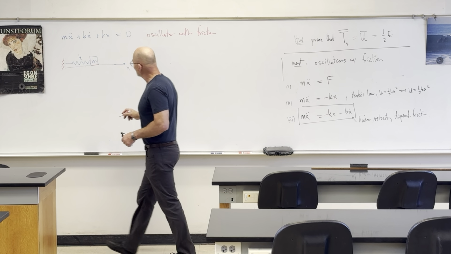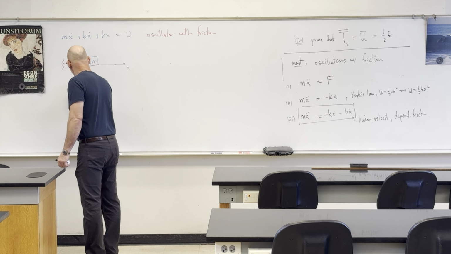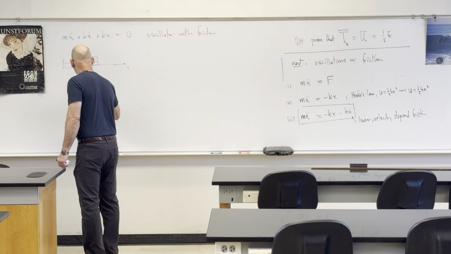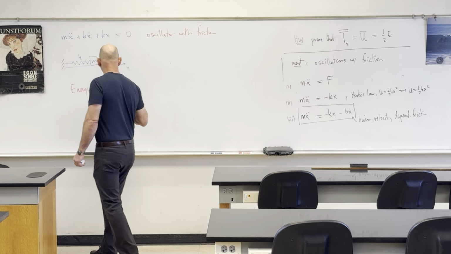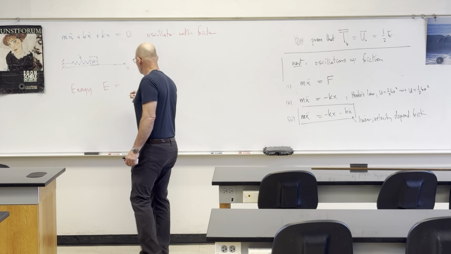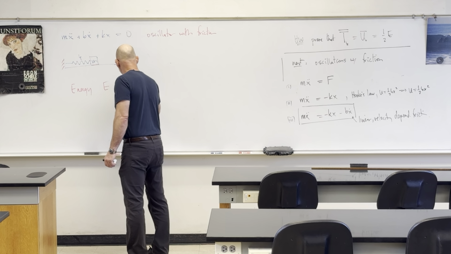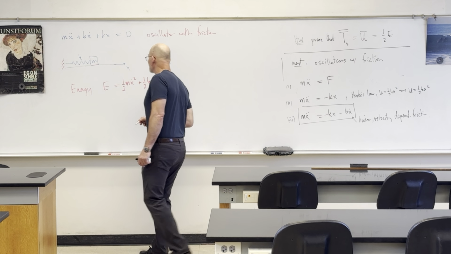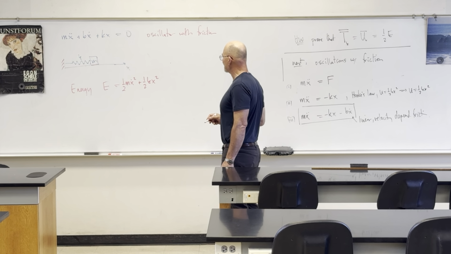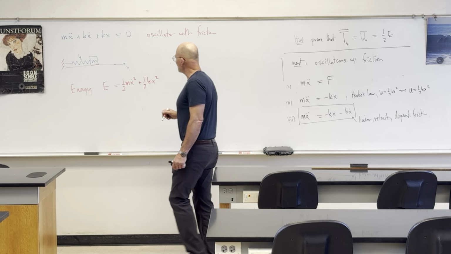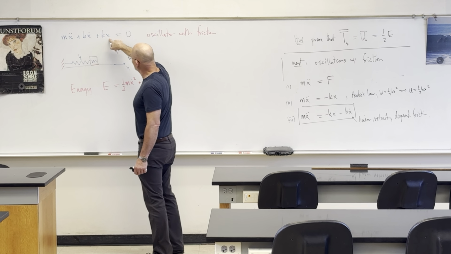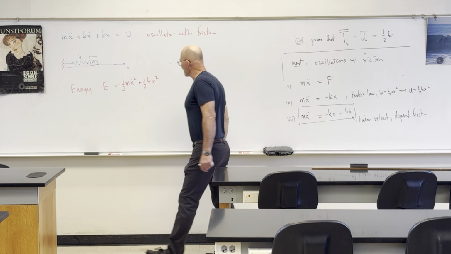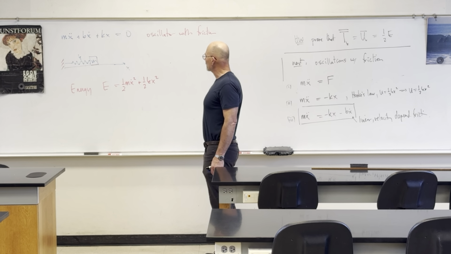So the energy of the oscillator with friction, E, is equal to 1/2 m x dot squared plus 1/2 kx squared. And what can we say about that energy just based on the form of this equation right here?